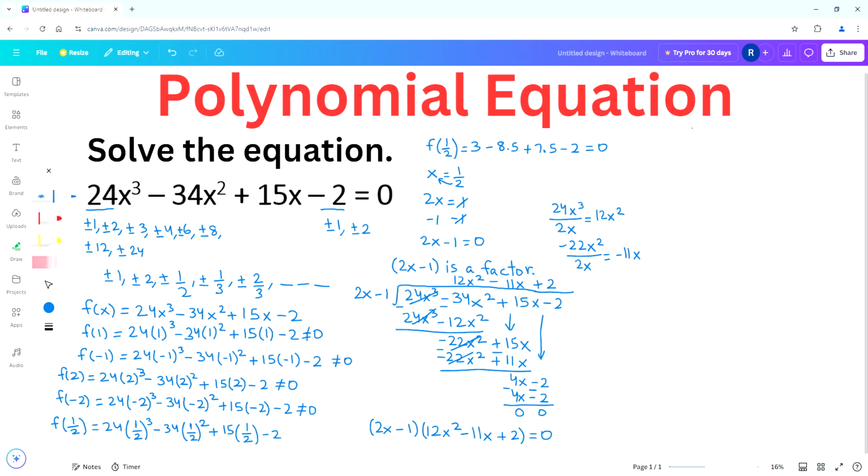We have to find two numbers whose sum is negative 11, the coefficient of the x term, and the product of the two numbers should be 12 times 2, which is equal to 24.